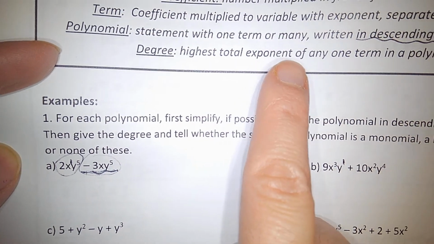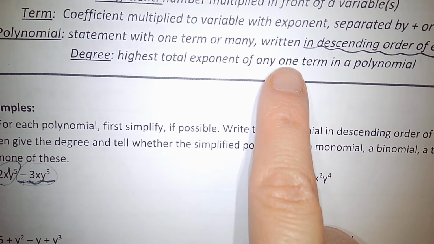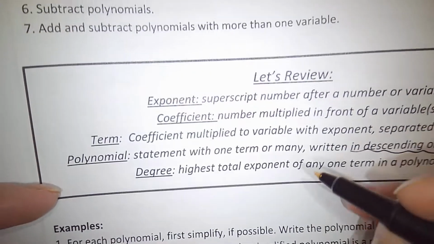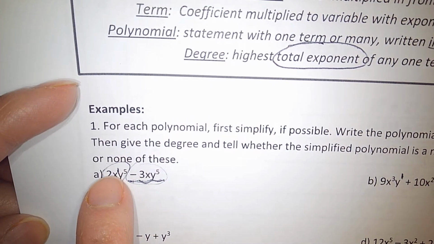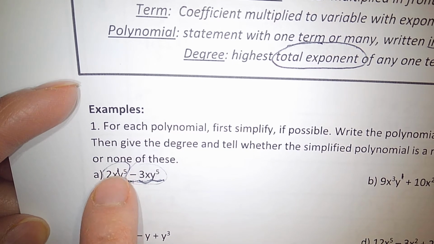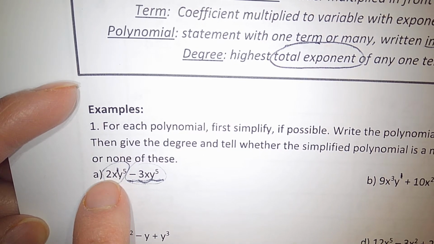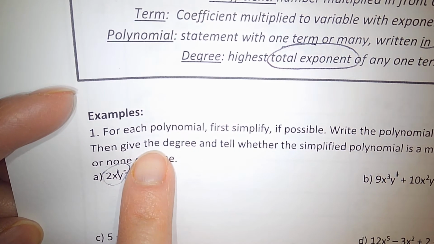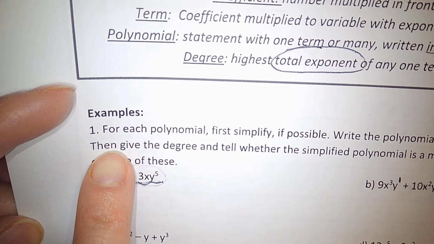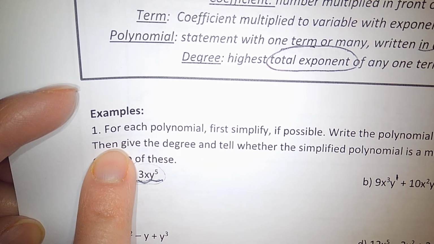Total exponent of any 1 term in the polynomial. So total exponent means we're adding up the exponent from each variable. So the degree for this term is what? 6. What is the degree for this term? 6 again, okay?